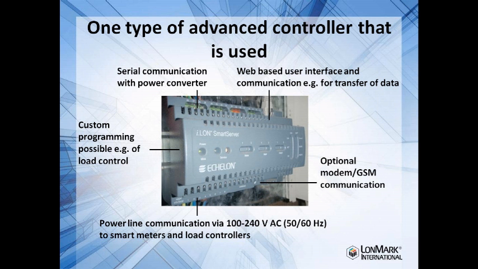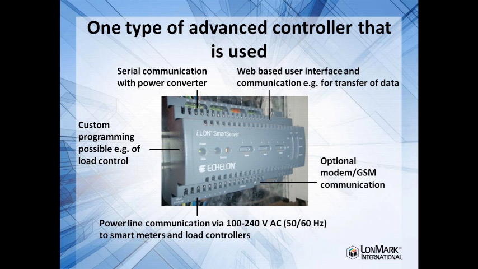And then you can also use the Ethernet connection in the upper right-hand corner here. It can be for using the built-in web interface or other forms of communication. At the bottom of the device, you have the power supply input, but this is not just the power supply input, it's also one of the communications channels.